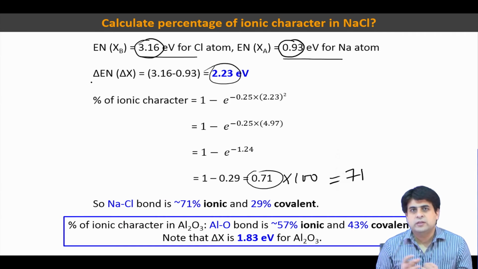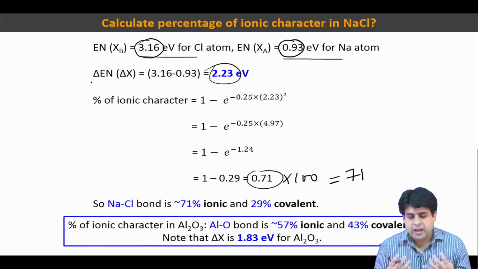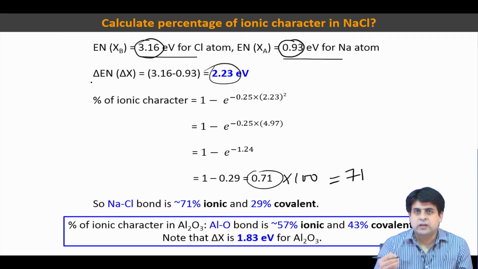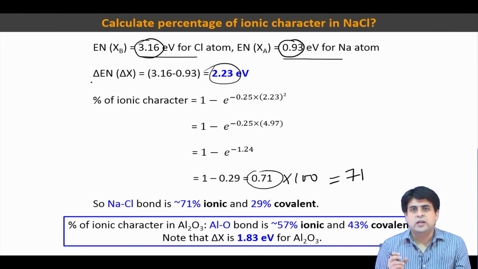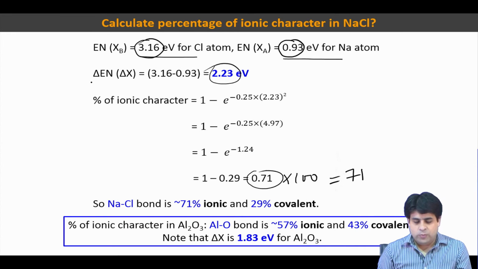When you have this situation, with a huge difference in electronegativity, and these atoms make a bond, it will mostly be an ionic bond. Because of that, NaCl makes a very strong ionic bond. It has only 29% covalent bond.